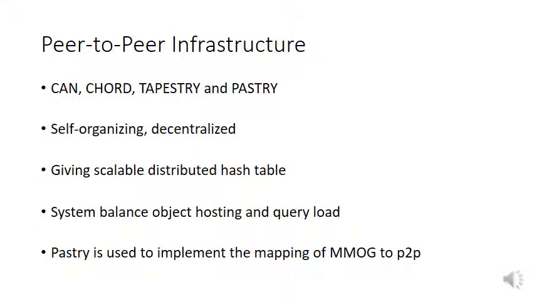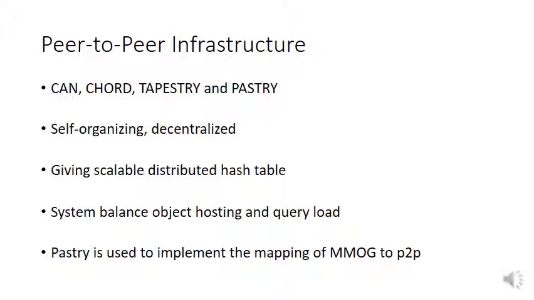So the peer-to-peer infrastructures have been there for a long time, and as you learned in the class, several of them have been discussed, such as CAN, Chord, Tapestry, and Pastry. The good advantages of these structures are that they are self-organized, they're decentralized, they're really scalable using DHTs, and they balance the hosting and query load.